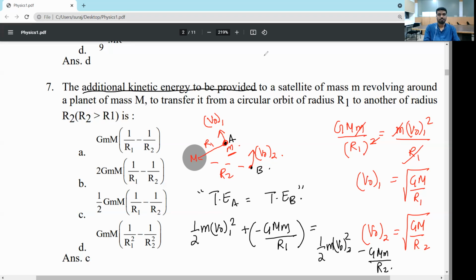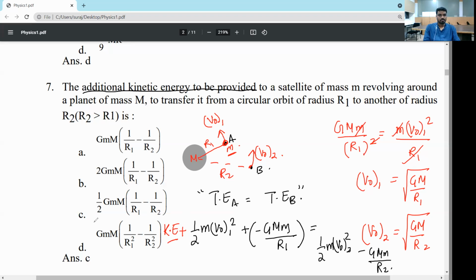Okay. Plus they're asking additional kinetic energy to provide, na? Plus K. So how to find K? This whole thing subtract by this. Okay.